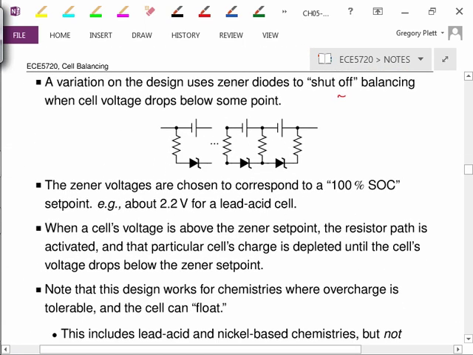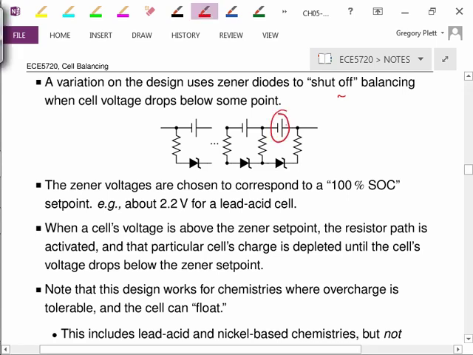A variation on this design uses Zener diodes to shut off balancing when the voltage drops below some point. And you can think of the Zener diode being, at least ideally, a switch that has very low resistance when its voltage is above some point, and a very high resistance when its voltage is below some point. So it's basically an on-off switch.